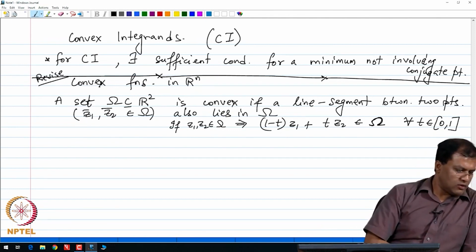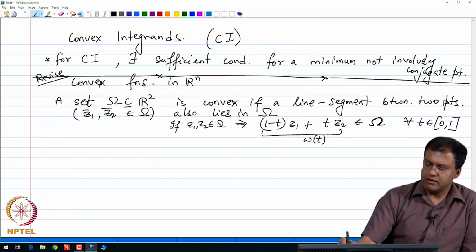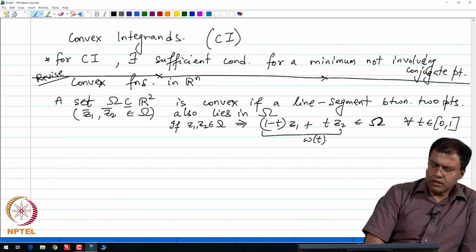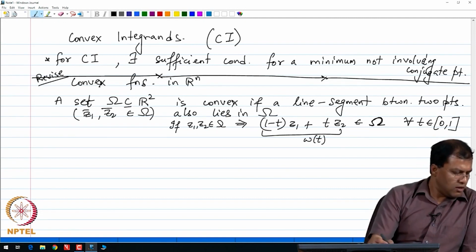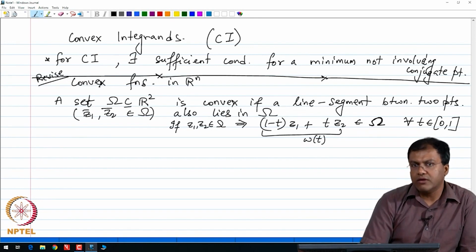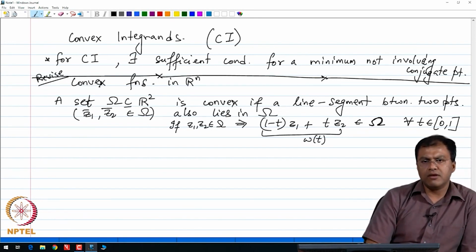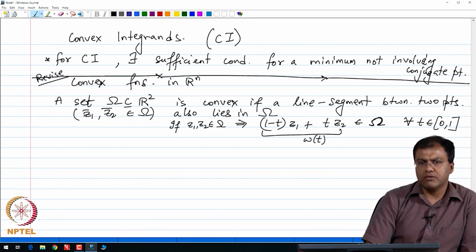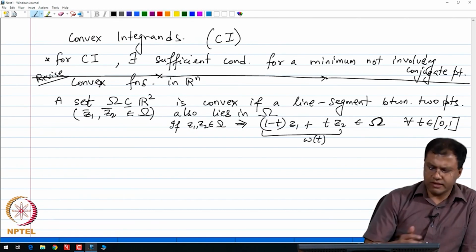Let me call this line segment omega of t. It is easy to see some of the convex sets: R2 itself, or a set described by the interior of a unit circle, or a set where the absolute values of the components are positive and so on. It is easy to construct convex sets.